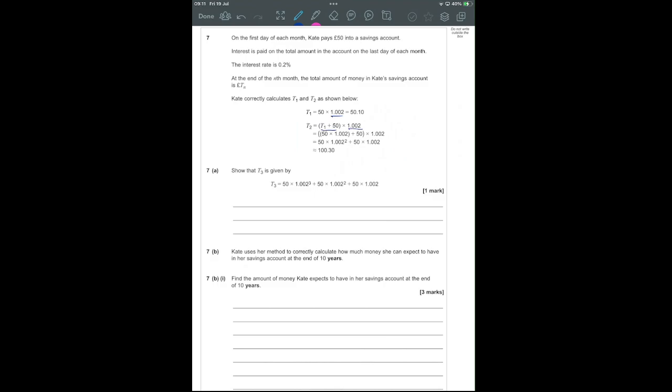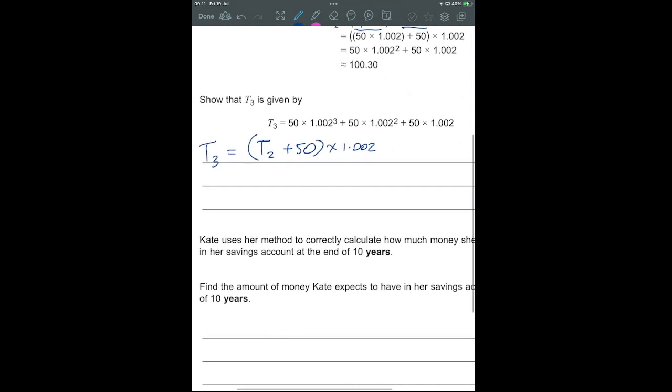Show T3 is given by that. Well, T3 is T2 plus the 50 quid that we put in at the beginning of the month, increased by 1.002.